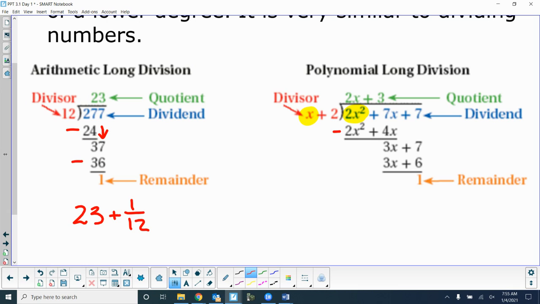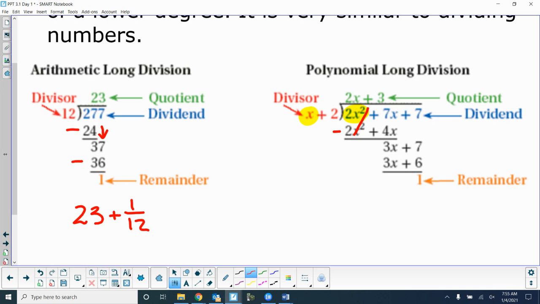Every time I do this, when I subtract, what should happen? They should cancel out, right? They should be exactly the same. So those would cancel out. And then what is 7x minus 4x? That's where that 3x came from. Just like 27 minus 24, that's where that 3 came from.